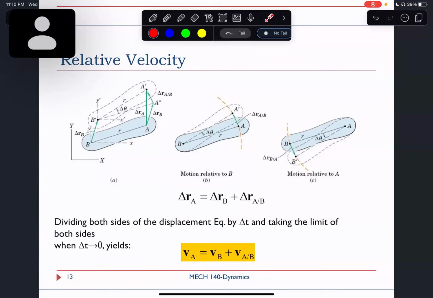So it's kind of like a fixed axis at B. And vice versa, if the observer is sitting at A and I look at the motion of B relative to A, then it looks like B is going on a circular path where the center is at point A, okay?